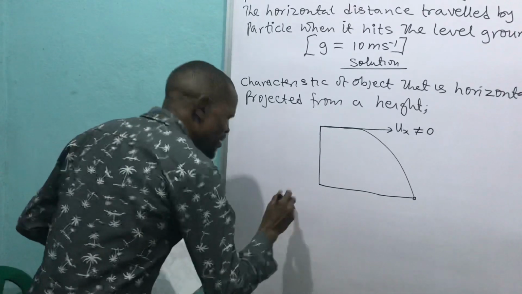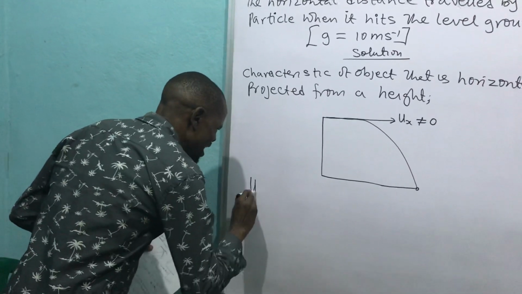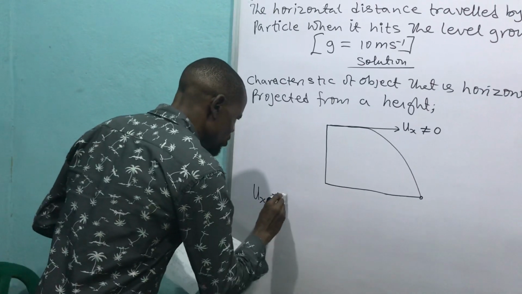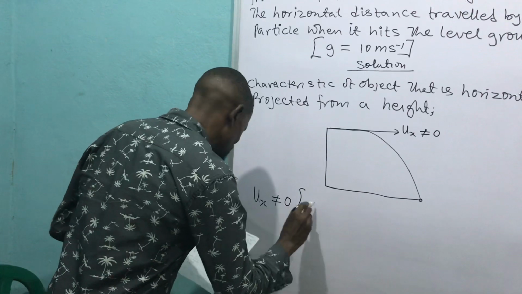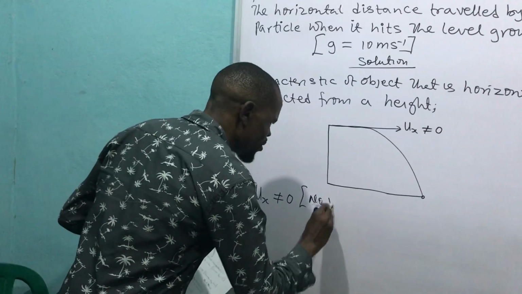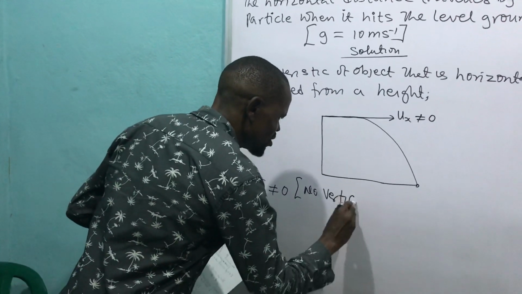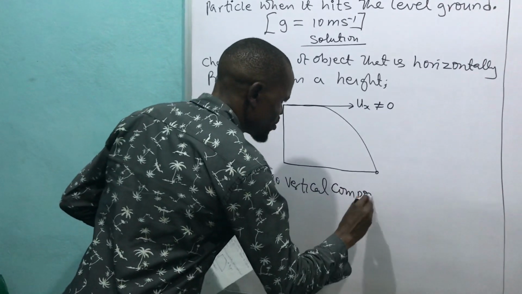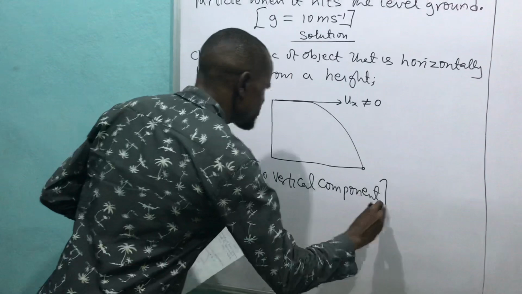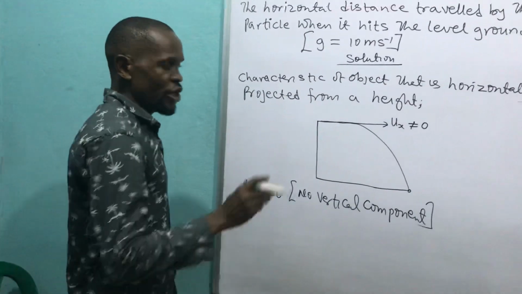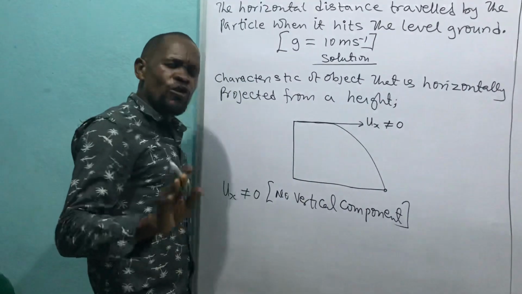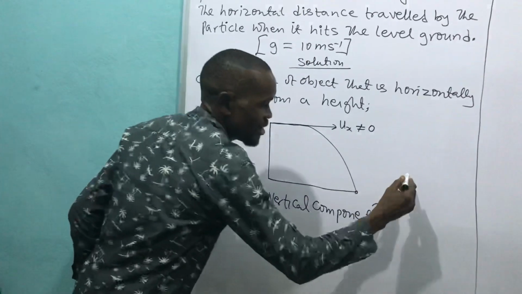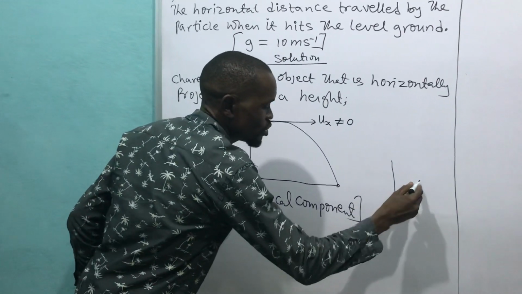So I begin to say that Ux, which is the initial velocity, is not equal to 0. And it has no vertical component. Can you follow me? A force can only have vertical and horizontal components if it is inclined at an angle.